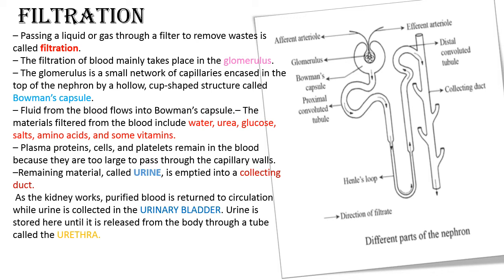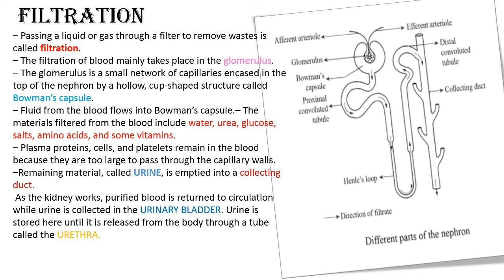As the kidney works, purified blood is returned to circulation while urine is collected into the urinary bladder. Now students, the urine is stored here until it is released from the body through a tube called the urethra.